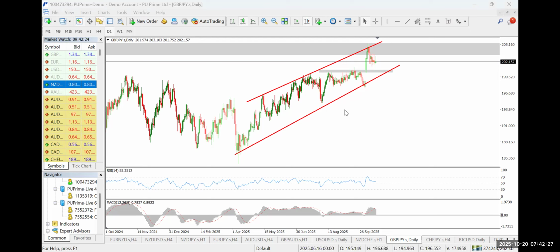Overall the trend is bullish. We have an overall bullish trend, and the candle for last week Friday closed as a rejection candle on this previous resistance turned support zone.